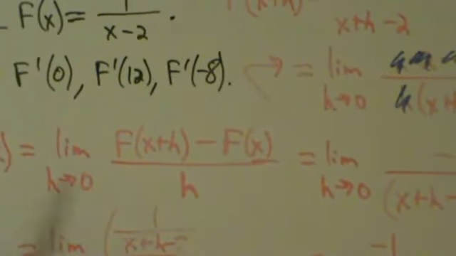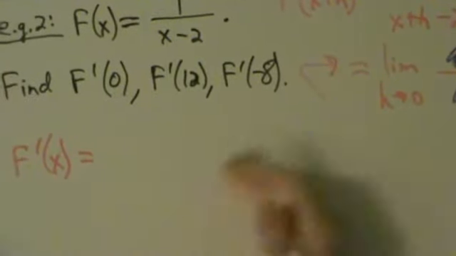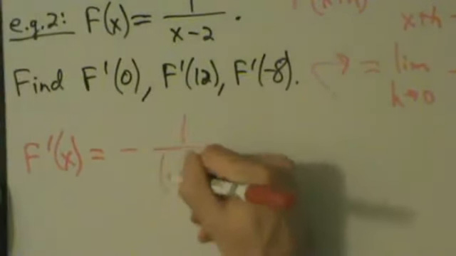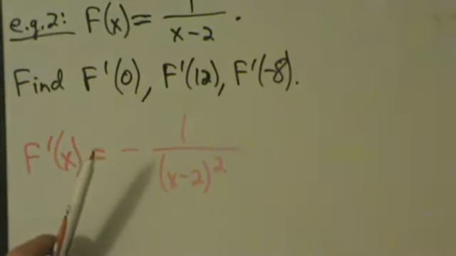So we're going to need some more room, so let's go ahead and clear it all. So we just found f prime of x equals negative 1 over the quantity x minus 2 squared. So let's go ahead and make a note of that. So we'll erase this here. So f prime of x we just found is negative 1 over x minus 2 quantity squared. So let's get rid of all that.